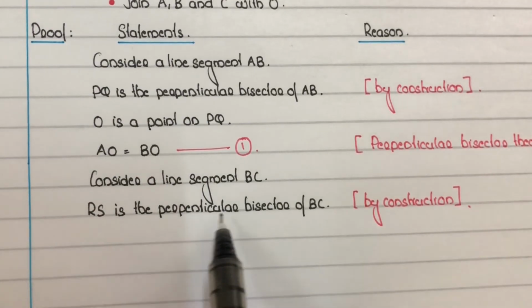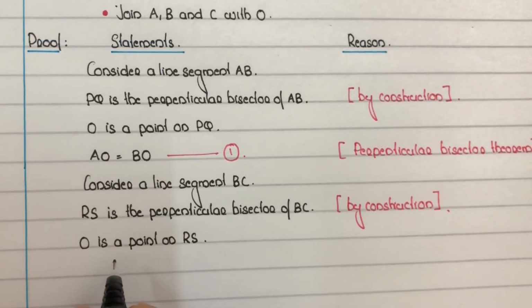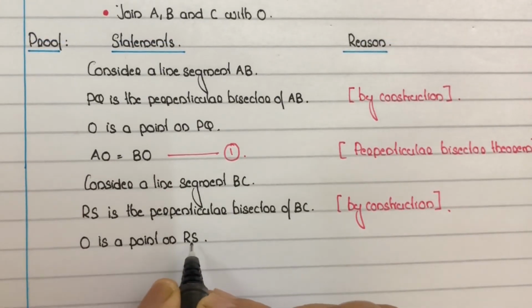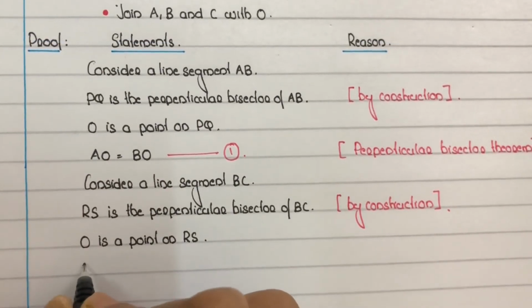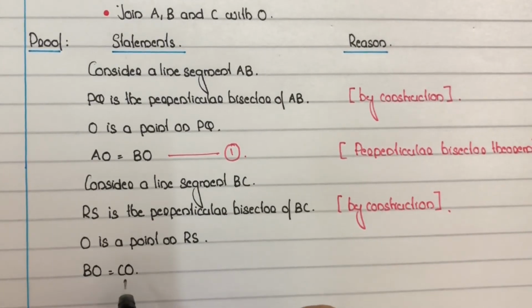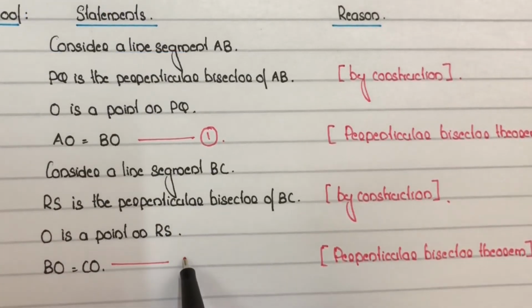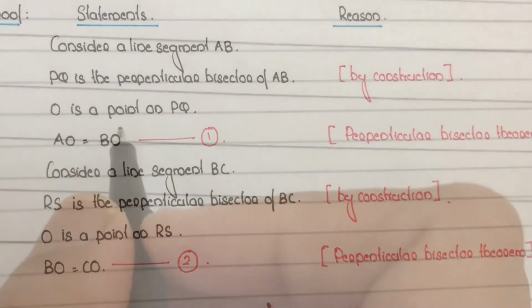RS is the perpendicular bisector of BC by construction. O is a point on RS. Then BO equal to CO by perpendicular bisector theorem. Mark it as equation number 2.